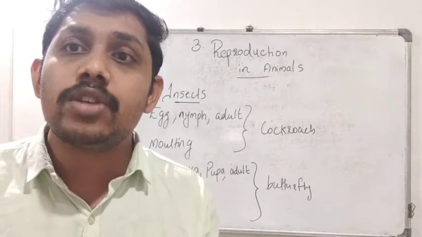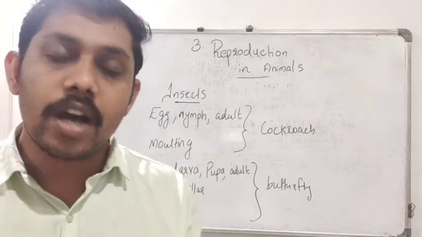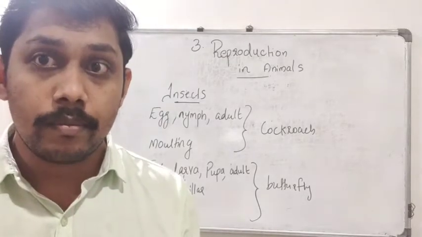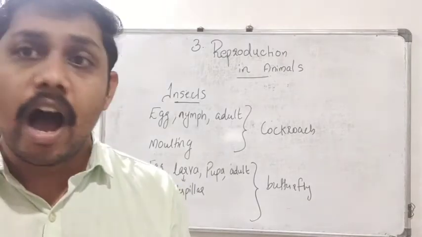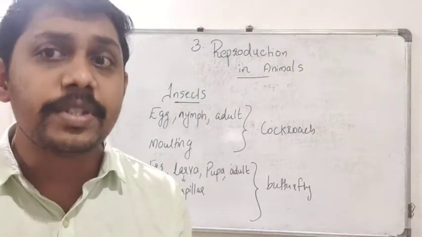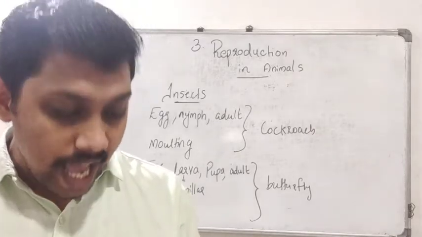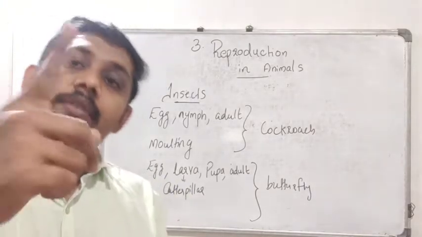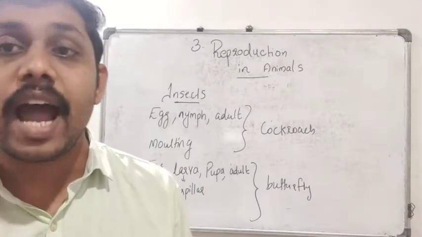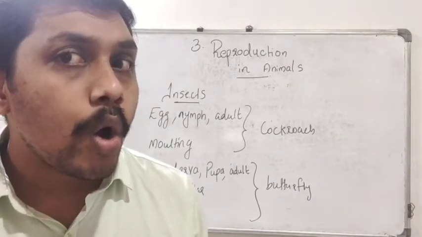The larva starts to eat the leaves, and it grows rapidly. After some time it stops eating, and a covering forms around it. That covering is called a cocoon.